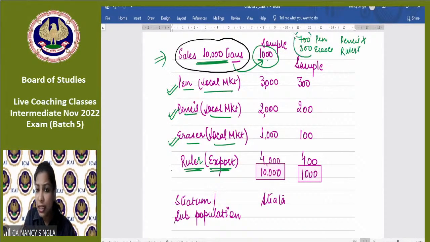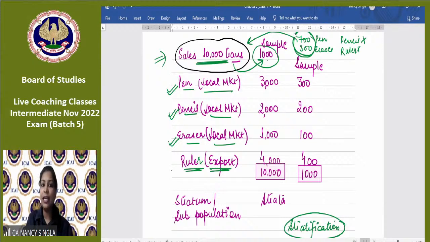In such a situation, this 1,000 is not a true representative of this 10,000. Why? Because 10,000 is made up of all 4 items. So what is the technique available? Stratification. I will divide the heterogeneous population, that is, a population made of different items, into subpopulations. Homogeneous means similar subpopulations based on certain characteristics.